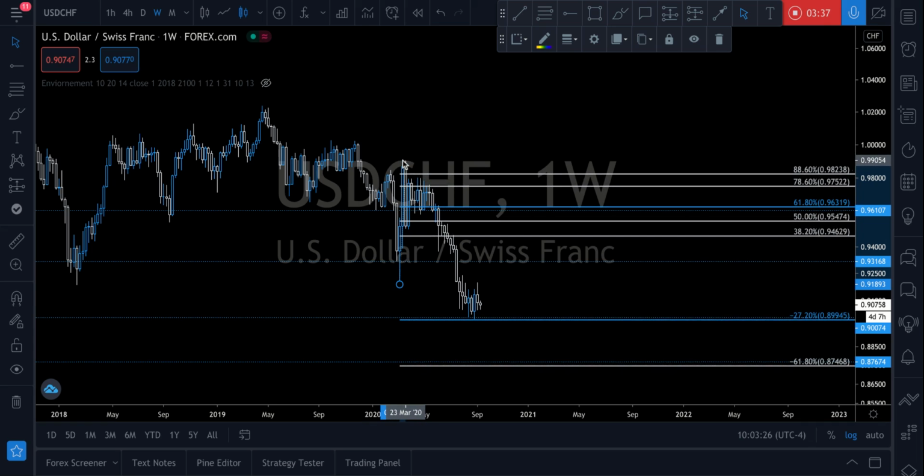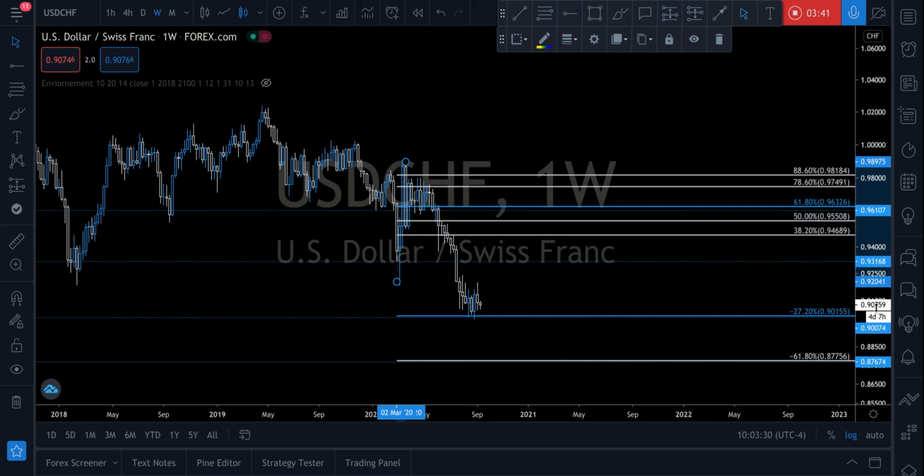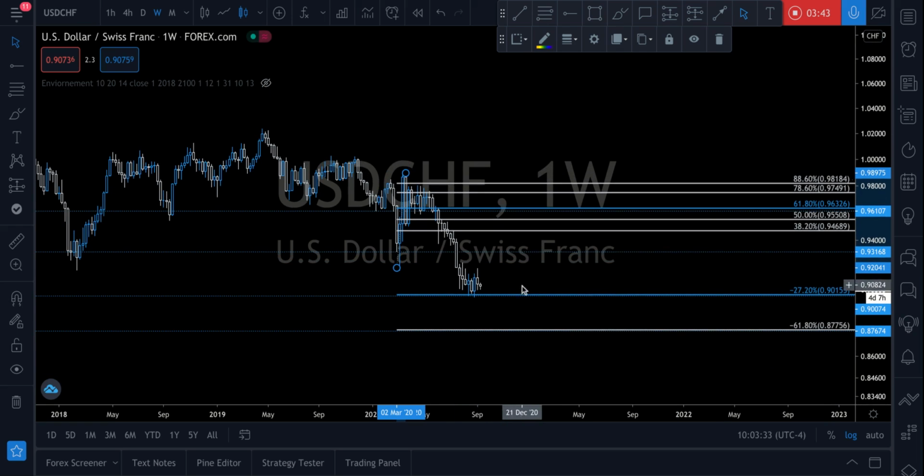So you can use a Fibonacci extension tool, or you can mark up a fib tool that allows you to do both. And you can see that this lines up beautifully with this 127 fib extension for this previous leg, and that aligns beautifully with structure as well. So this is why fibs and monthly time frame structures are so important, because as you guys can see right here, it lines up beautifully.